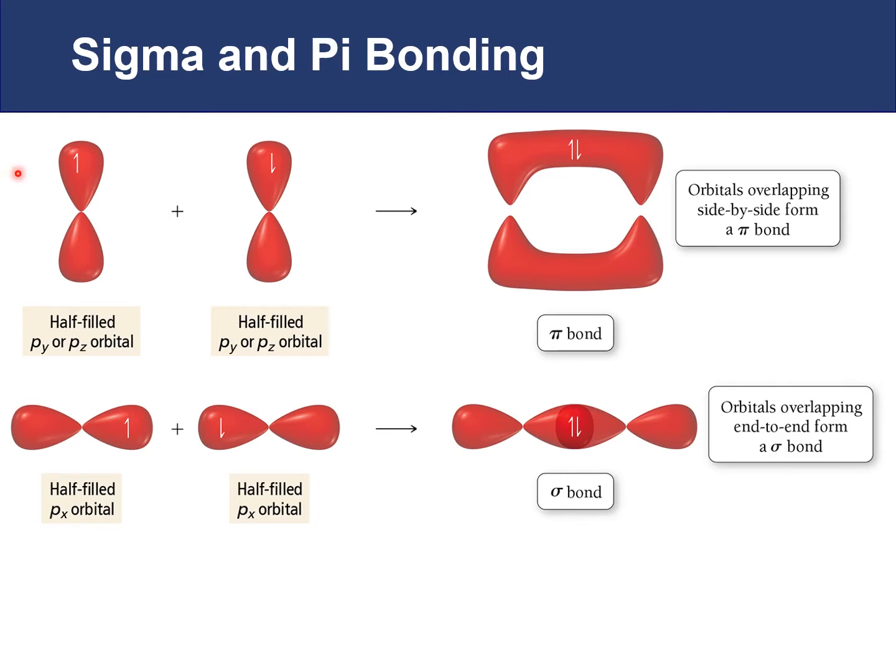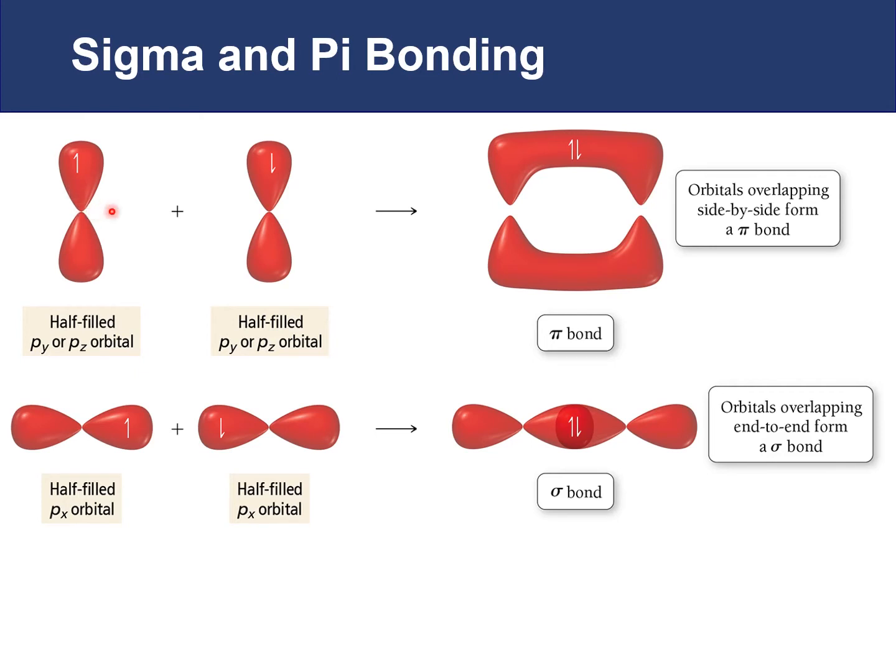Let's say we're working with just pi bonds for now. We'll take a py here, and another py. So they are both lying along the y-axis, and they come into interaction between two atoms that are trying to form a bond.